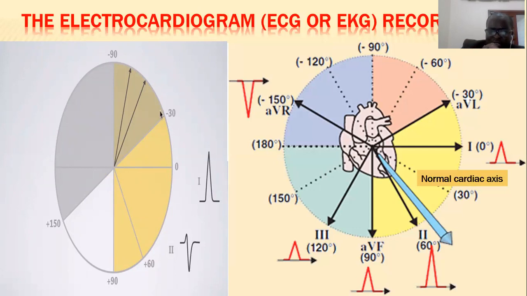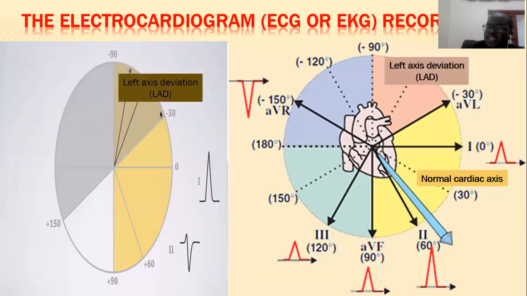You can see that your intersection is between negative 30 and negative 90. If the cardiac axis is between negative 30 and negative 90, this is called left axis deviation. There are a lot of pathologies that can result in left axis deviation.